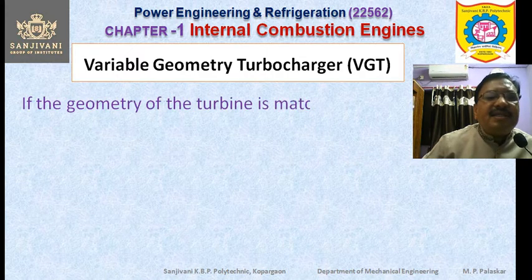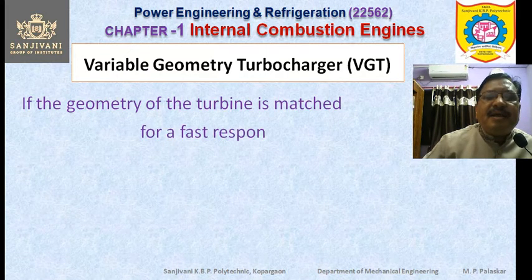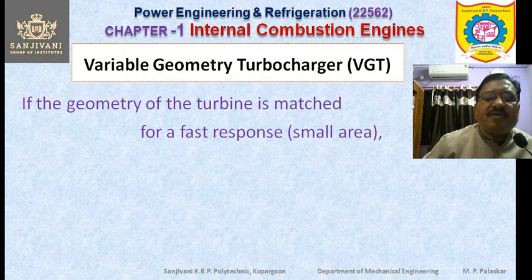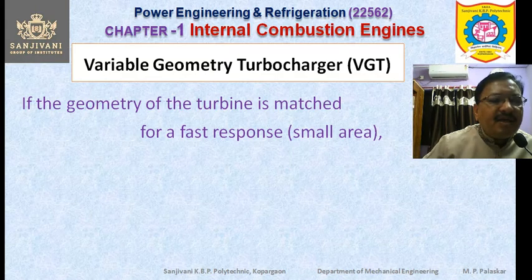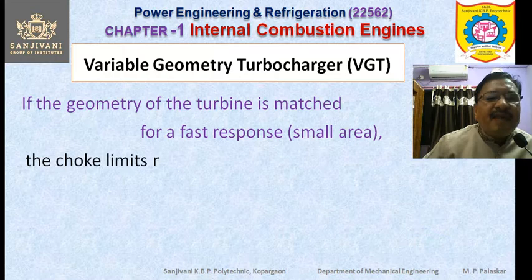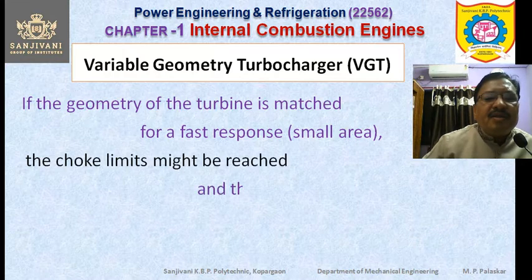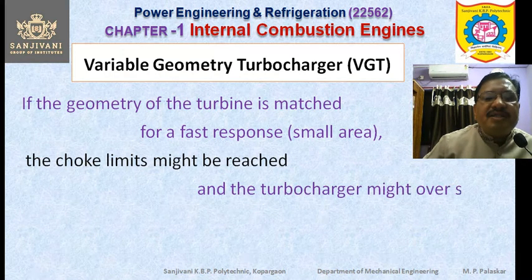In the other case, if the geometry of the turbine is matched for a fast response by keeping the area of the entry of the turbine small, then what will happen? The choke limits will be reached and the turbocharger might overspeed.